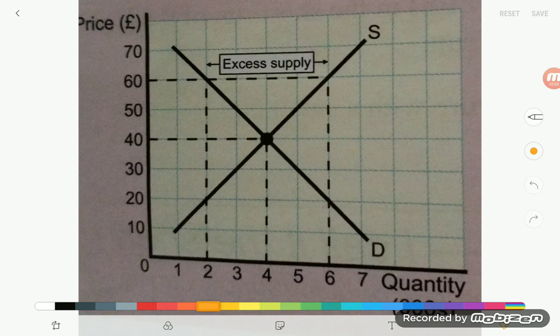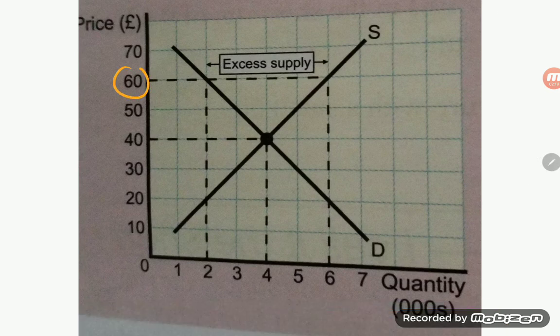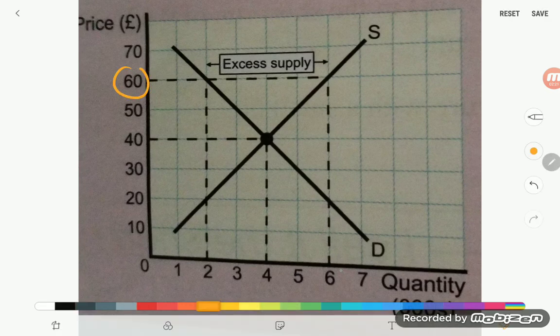So, excess supply. Excess supply is when the quantity supplied to the market is greater than the quantity demanded. You can see in this example, at a price of £60, the quantity supplied is 6,000 teddy bears, but only 2,000 teddy bears are demanded.